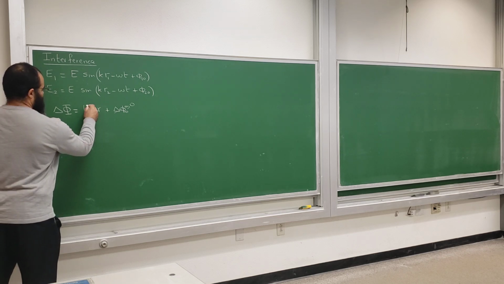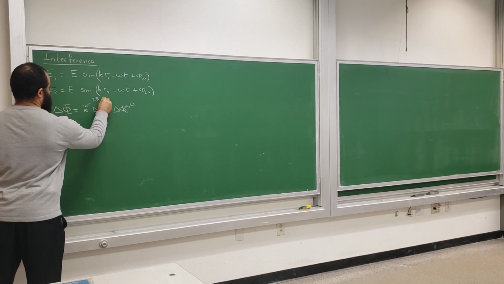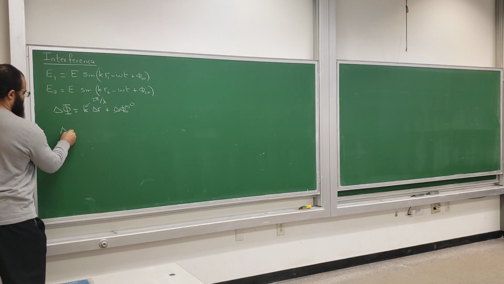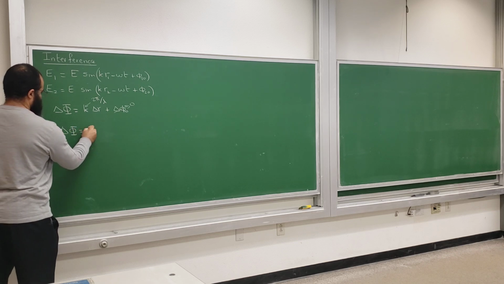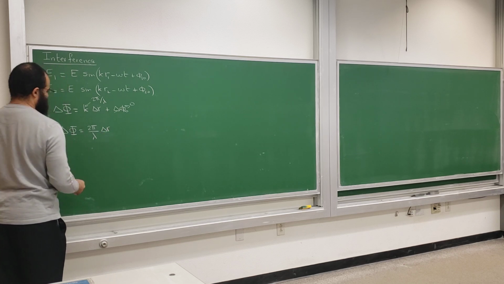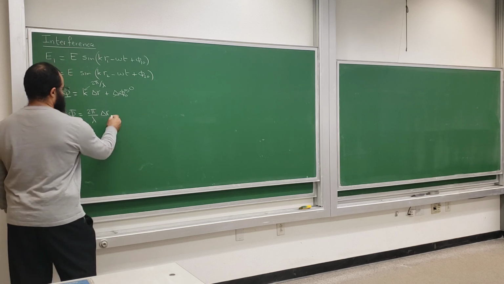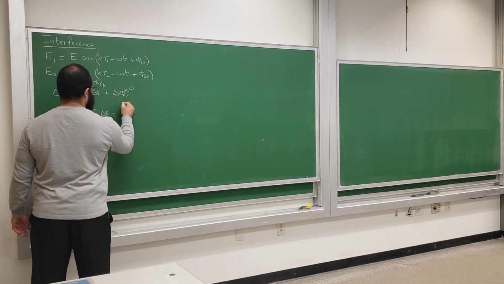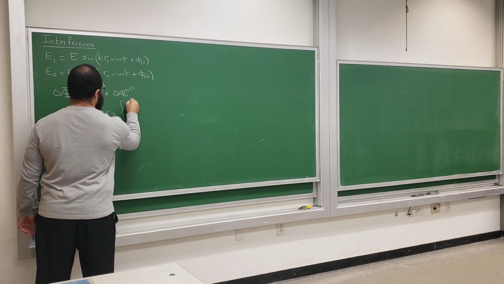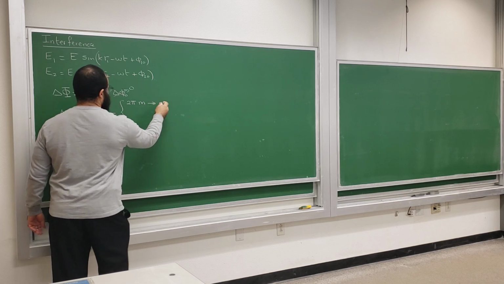So if it drops, then k here is the wave number, and it is 2 pi divided by the wavelength. And so I get the phase, delta phi, is equal to 2 pi over lambda times delta R. And this would be constructive if it's equal to a multiple of 2 pi times m.